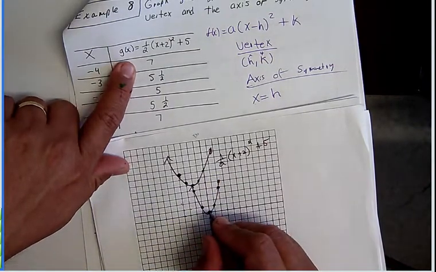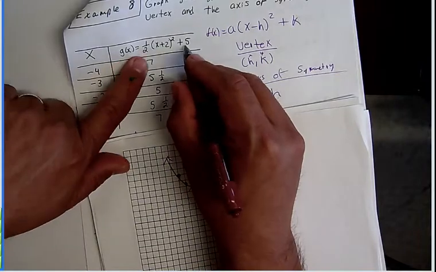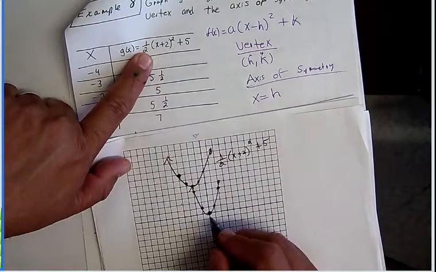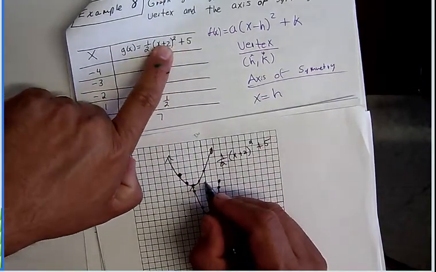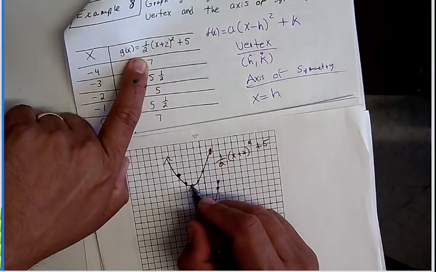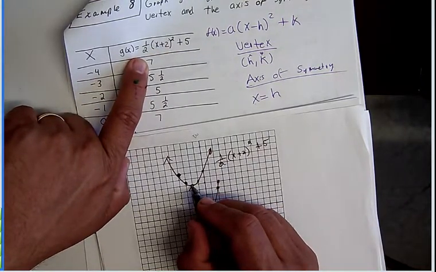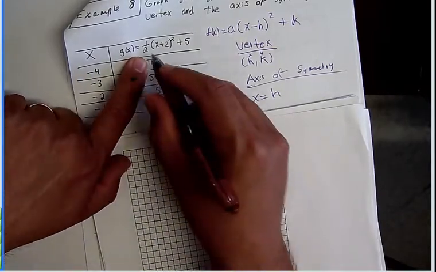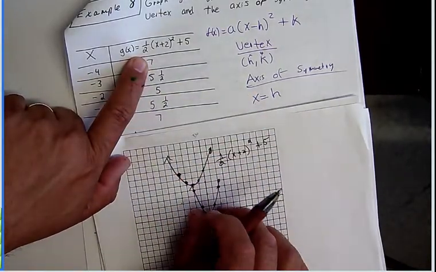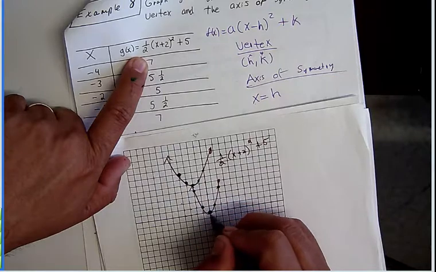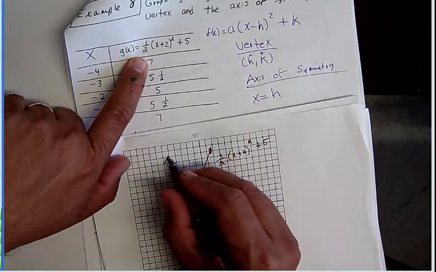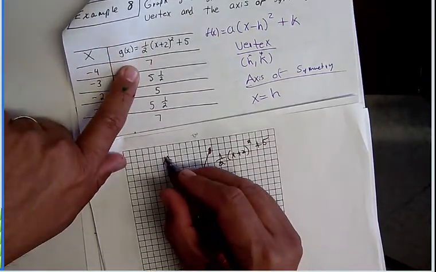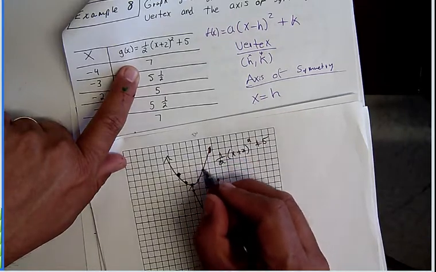So we went from here to here using these numbers. It went up 5, and the opposite of that sign, so to the left 2. And every dot, the same thing happened. The 1/2 means it got wider than the original. If you guys notice how wide this function looks, it got fatter, it got wider.